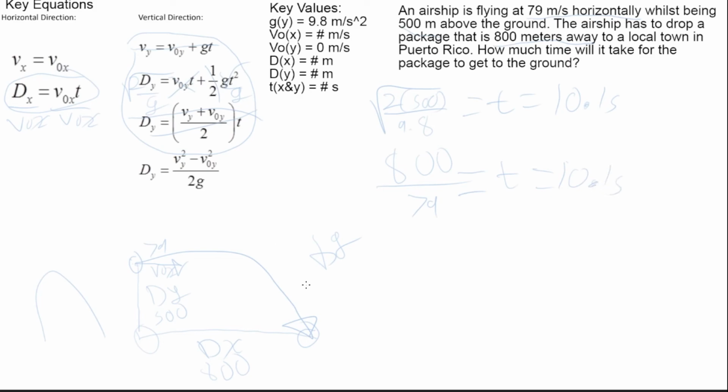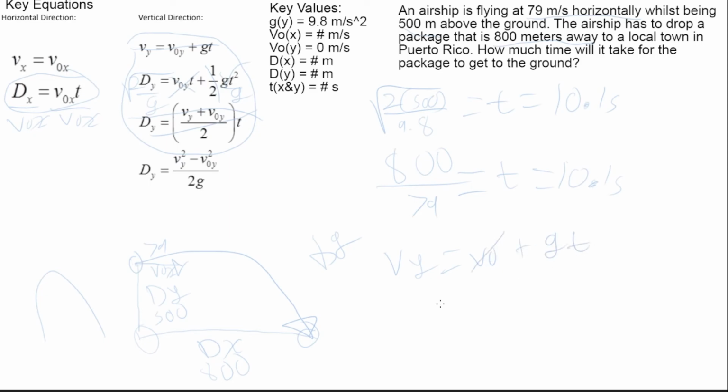But if we want to find our v final y, our velocity y right before it reaches the ground, we could use this equation. It's not listed in the question, but we'll do a little bit of extra work. Our vy is equal to v naught plus gt.